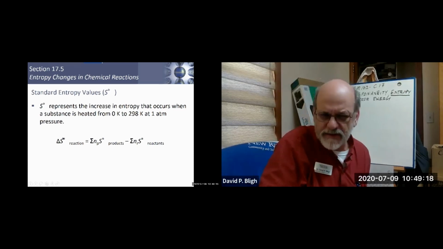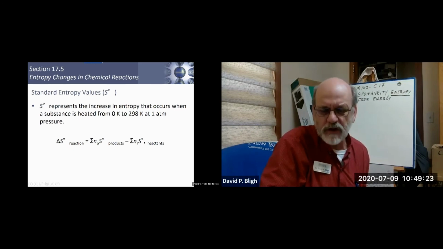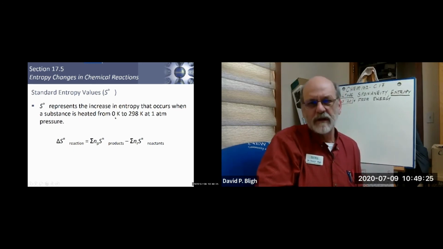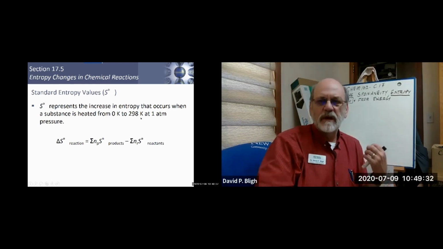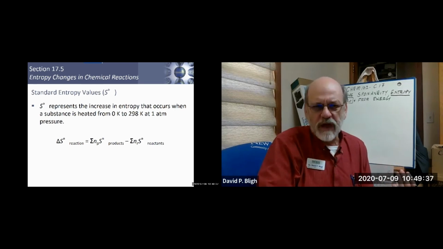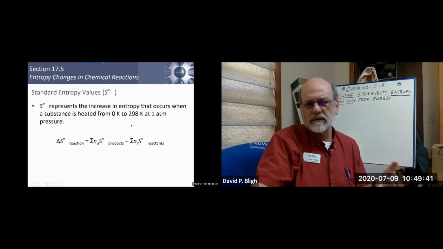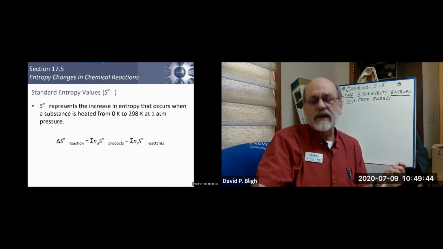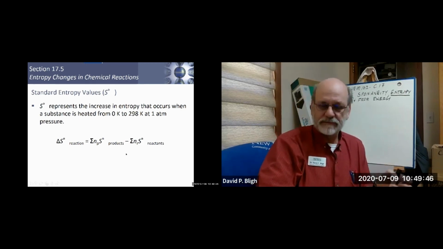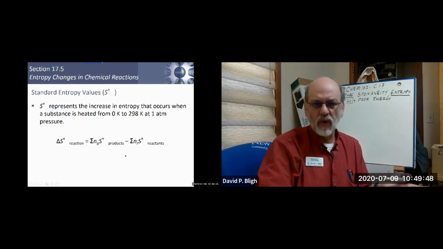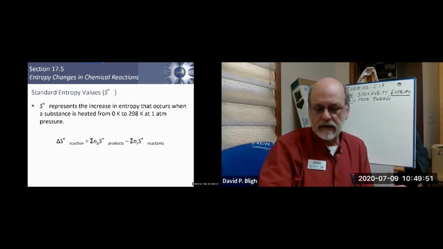And the reason we have this little 0 here is these are standard conditions. Right? Under standard conditions, 1 atmosphere, not 0 K. Standard conditions are 25 degrees. Standard temperature and pressure. And 1 molar for any solutions.